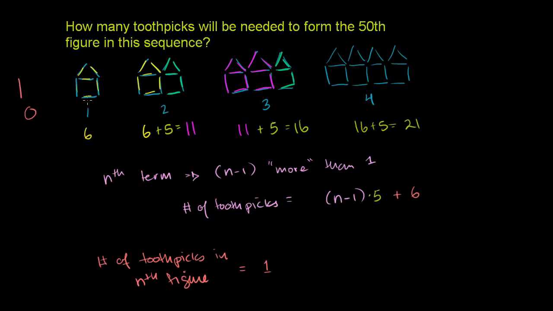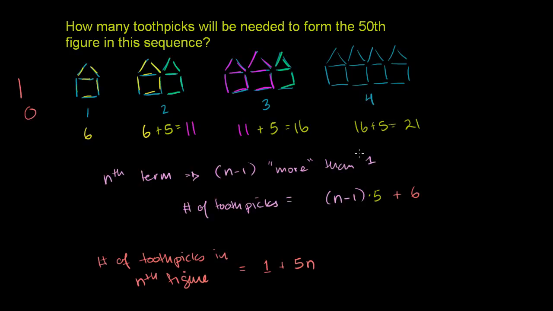And then whatever term in the sequence you are, you multiply that times 5, and you add that to the number of toothpicks in the 0th figure. So it's 1 plus 5 times n, which is actually a simpler way to think about it. The first figure is going to be that 1 in the 0th figure plus 5, 6 toothpicks. Even the 0th figure works out. If you put a 0 here, 0 plus 1 is 1. If you put the 4th figure here, 5 times 4 is 20, plus 1 is 21.